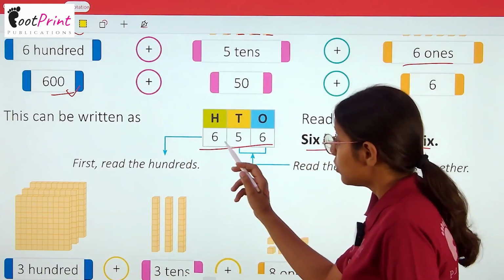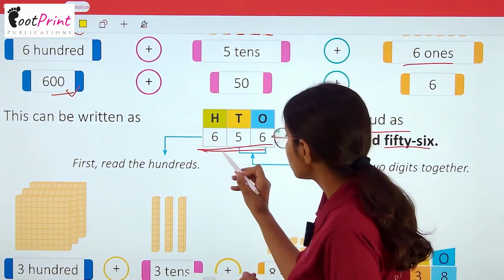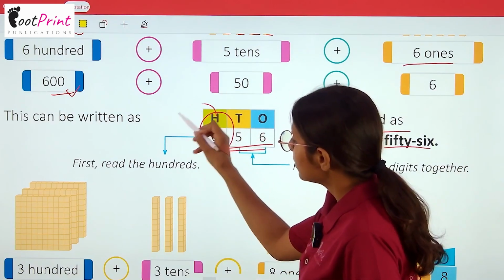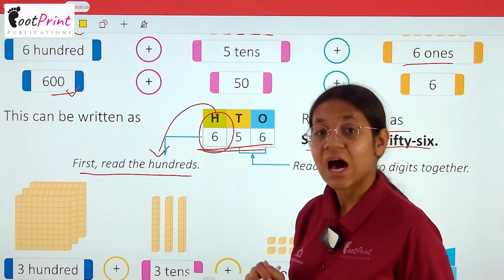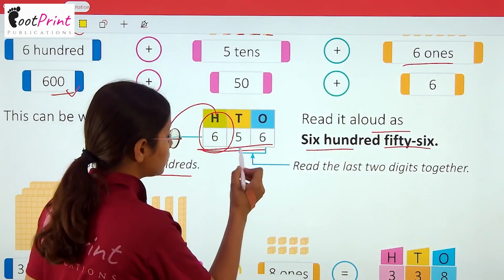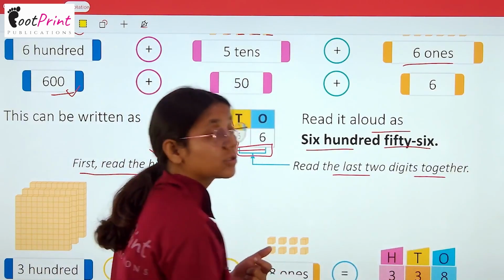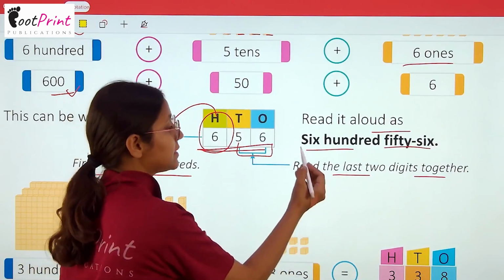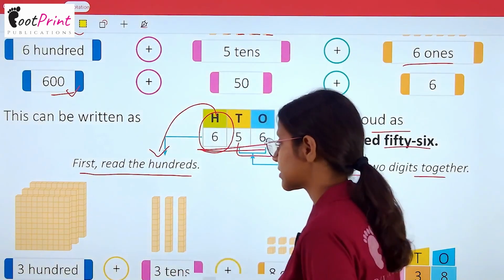Now, as we all know, how do we read the number? Firstly, we read the hundreds only. After that, the last two digits are read together. So, it's 656.